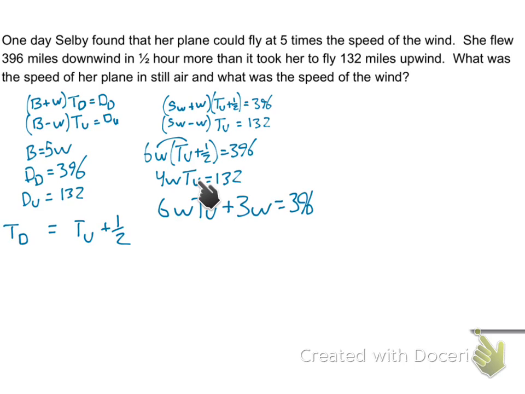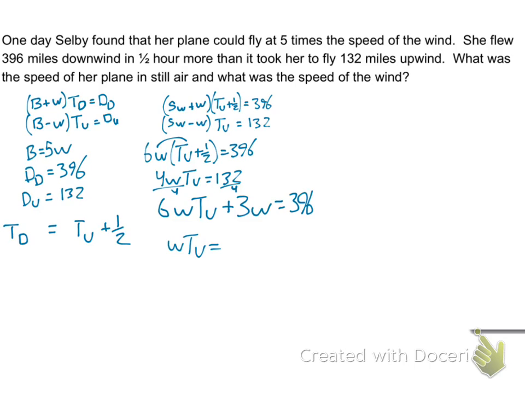Look at this equation. Could I divide both sides by 4? What's 132 divided by 4? I'm just going to quickly do this once. WTU is equal to 40, not 40, is it? 44?